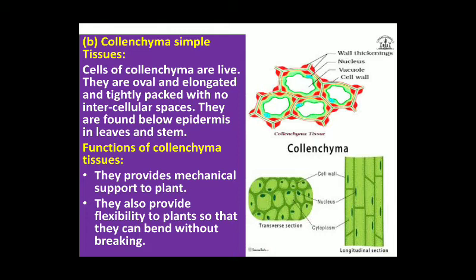The cells of collenchyma have a small nucleus and large vacuoles, and thin and thick cell walls at the corners. Collenchyma tissues are present below the epidermis in leaves and stem. In later stages you will study what the epidermis is.